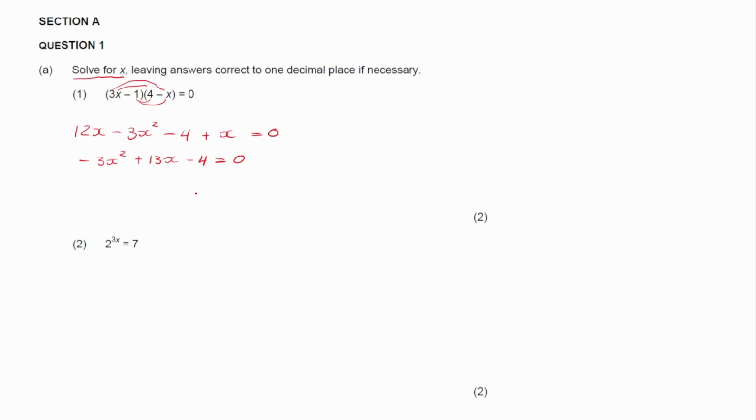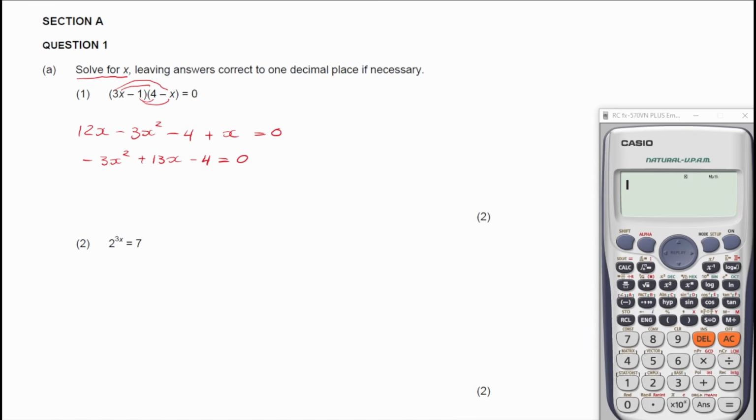All right. So what we can do here is use our calculator, and it makes it a lot easier. I'm not sure if you guys know this, but I'm going to show you. We can go to mode and press 5. 5 is the equation mode. If we look at 5, you'll see option number 3 is for quadratic. That's the basic form we have to get our quadratic in to apply the quadratic formula.